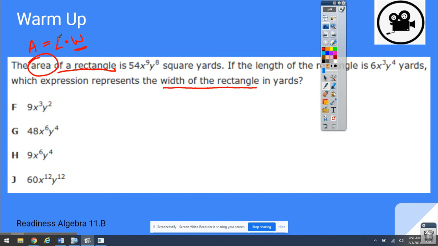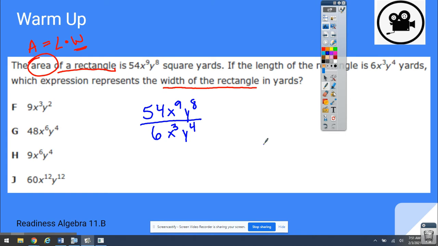So I'm going to take my area of 54 x to the ninth, y to the eighth, and divide it by this length here. So I'm going to set it up as 6 x to the third, y to the fourth.